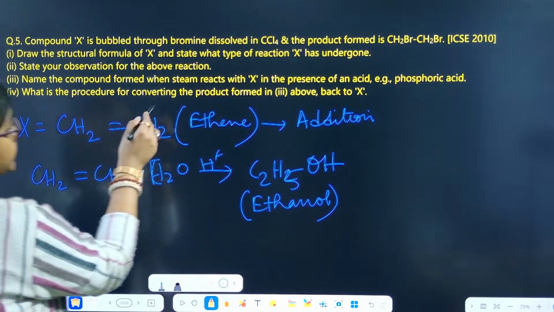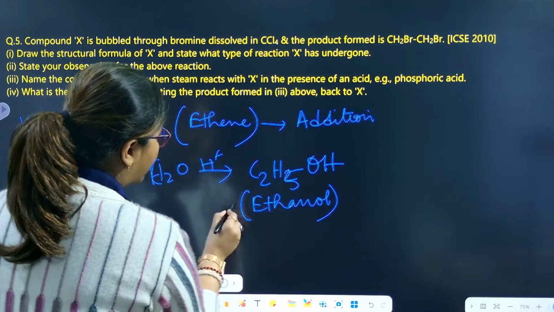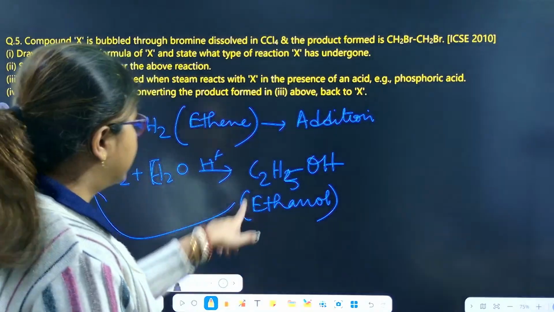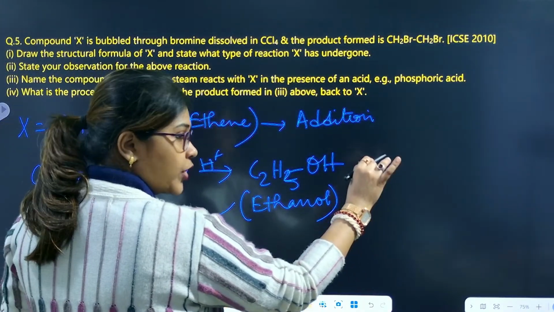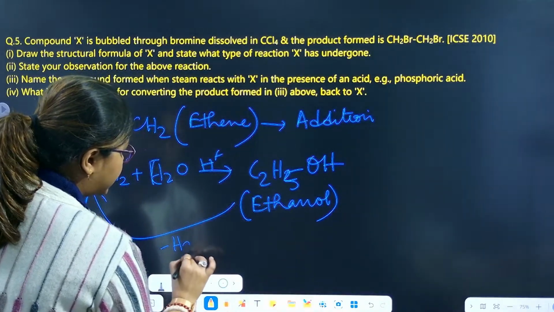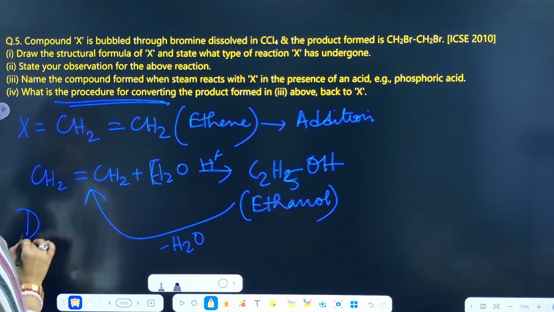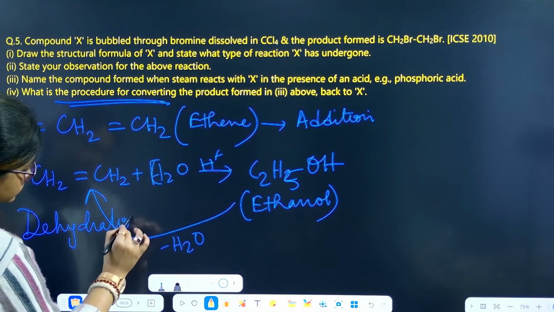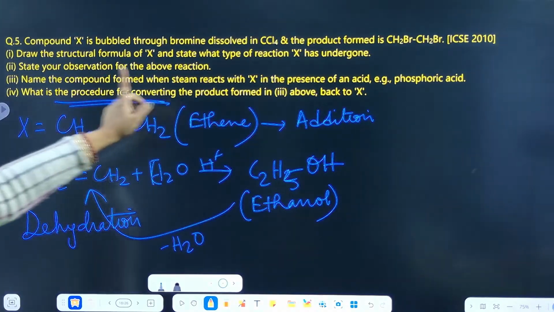What is the procedure of converting the product formed, that means ethanol, back to ethene? Okay, so from ethanol to ethene, you are removing a water molecule, minus water. That means the procedure name is dehydration. Okay, so X is ethene.